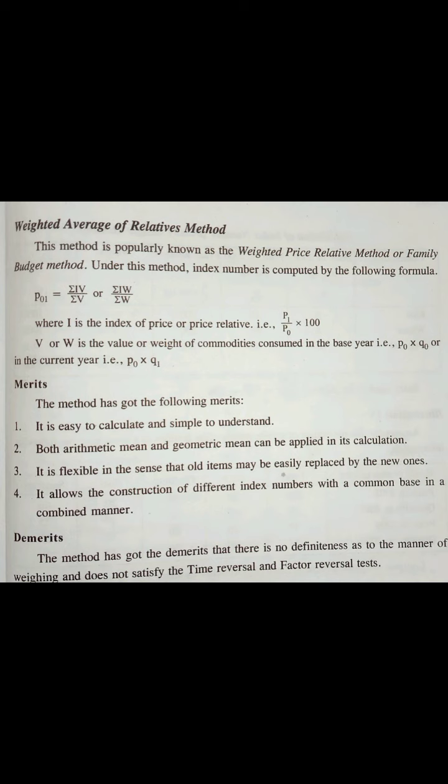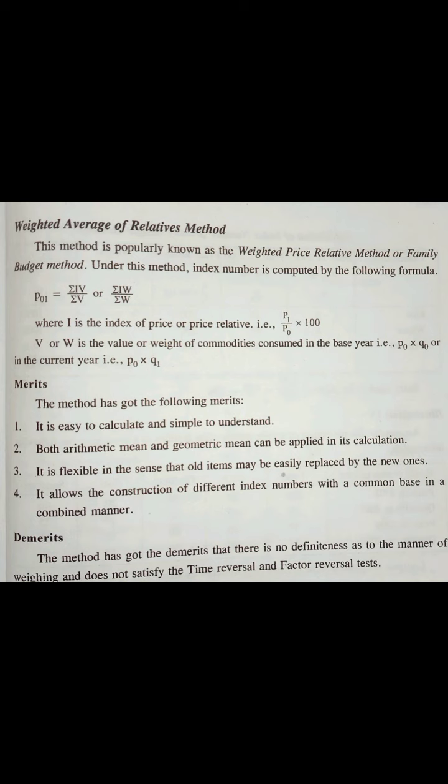This method is computed by the formula P01. We are dealing with price relative. So P01 is equal to summation of I into V divided by summation of V, or you can also say it as summation of I into W divided by summation of W. Dear students, V and W are either the value or weight of the commodities.